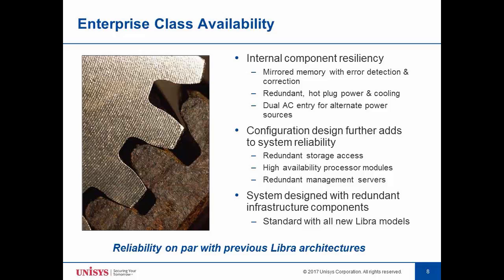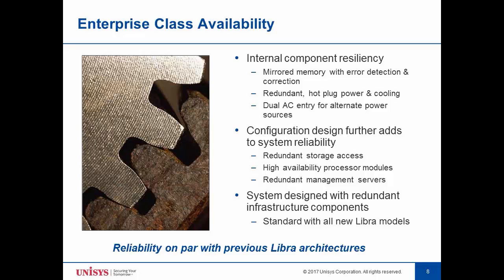It starts with the internal component resiliency. These are Intel-based systems, so we've taken and selected specific platforms to make sure that they have all the natural capabilities you'd expect from an enterprise level Intel server.